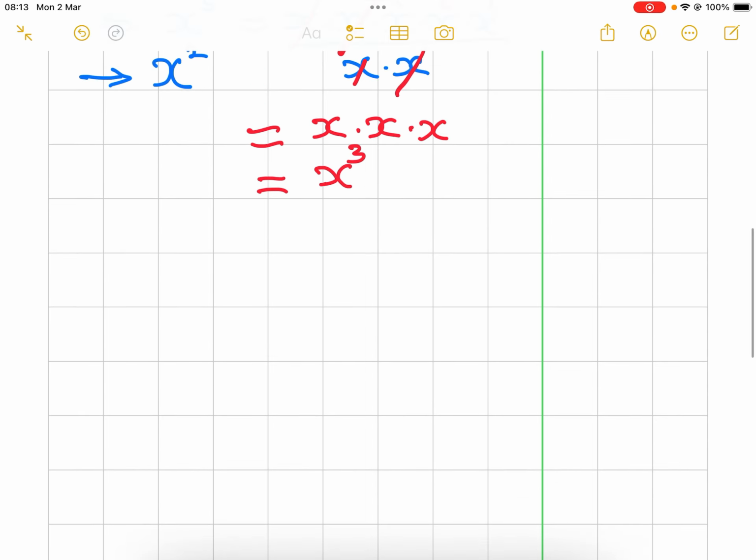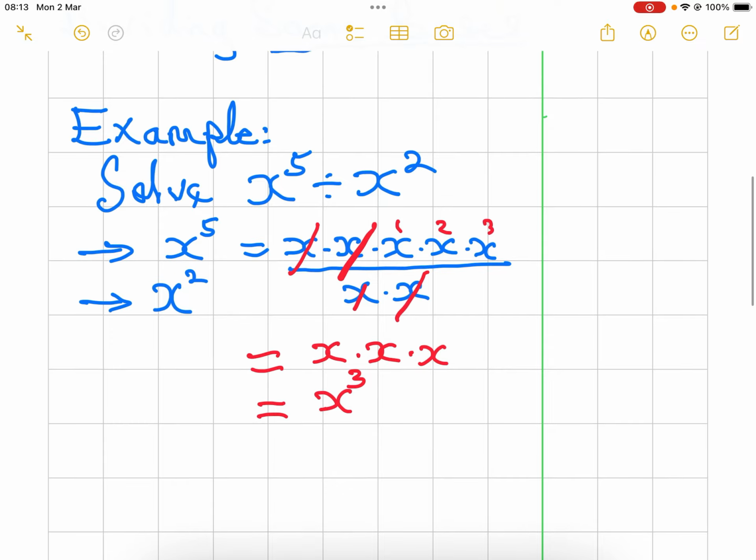In other words, x raised to power 5 divided by x raised to power 2, we will have x raised to power 3.